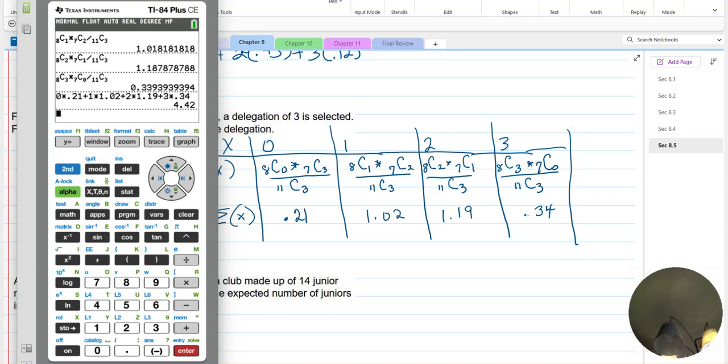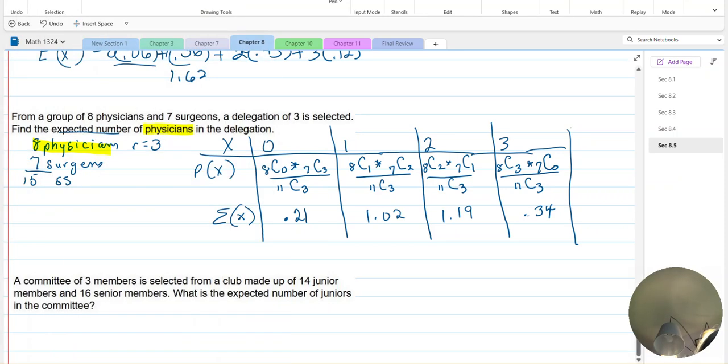Kind of high. Let me look at that. That's kind of high. They're saying 4.4 physicians expected, when the most we can have is 3. So I've done something incorrect. 0, 7, 3, 11. Oh, that's it. It's 15.